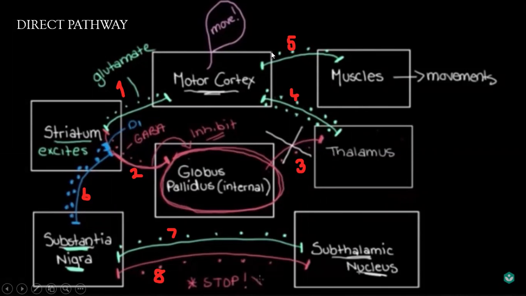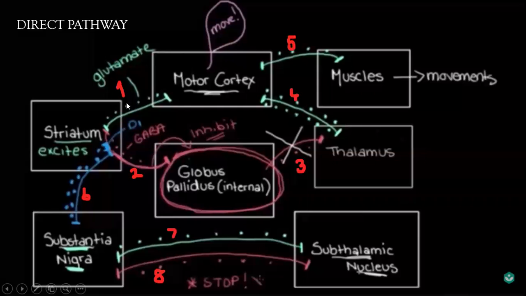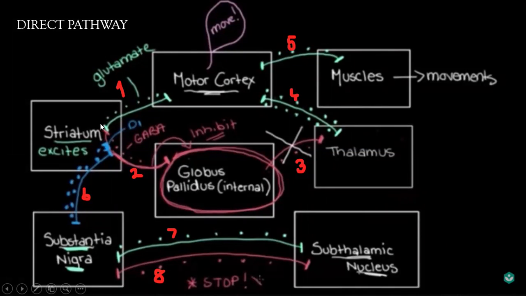I'll just repeat it again. The motor cortex initiates the movement. It thinks that it has to move, so it stimulates the striatum. The neurons in the striatum have a connection with the globus pallidus through an inhibitory pathway.